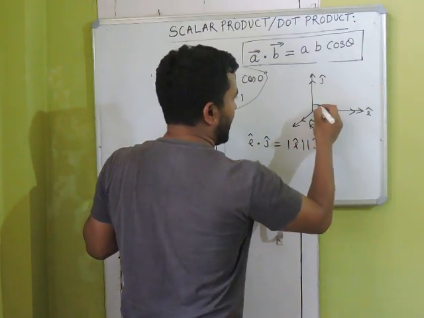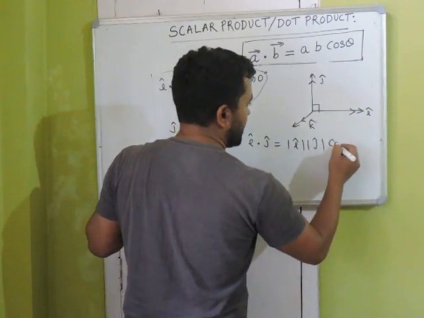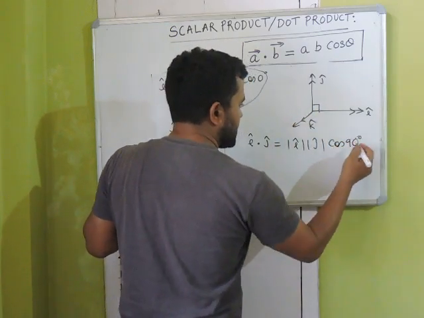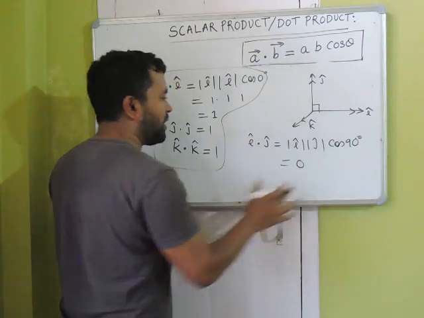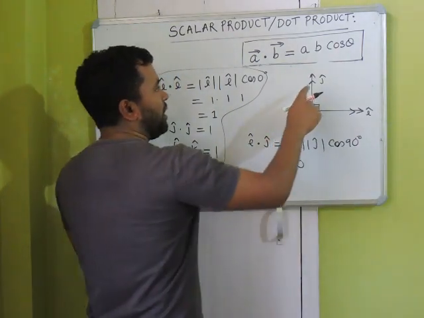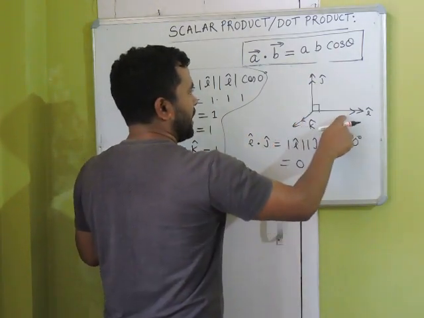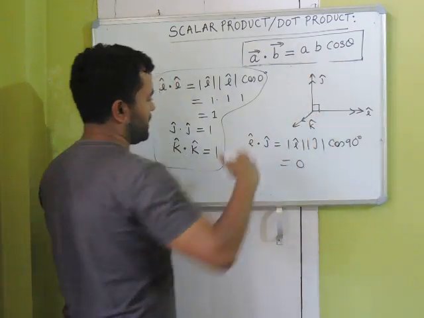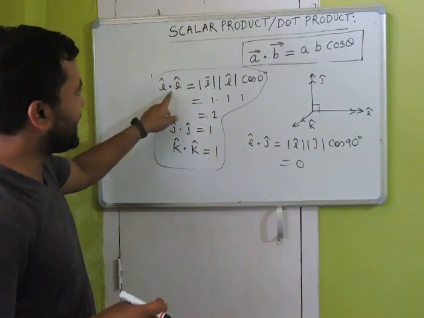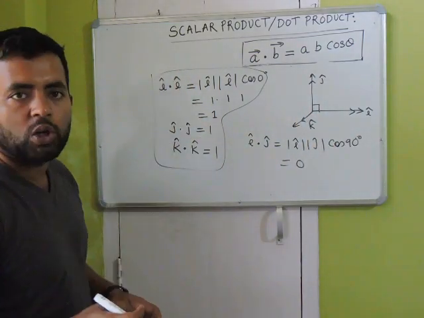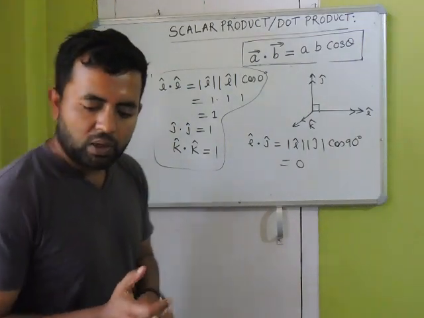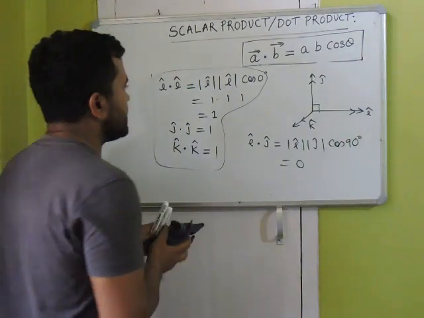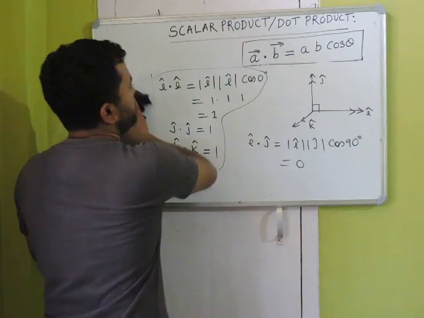What is the angle between i and j? Cos 90. This is 0, so it turns out to be 0. All the rest of the combinations, j dot k, k dot i, will be 0. Only like vectors' dot product will be 1.